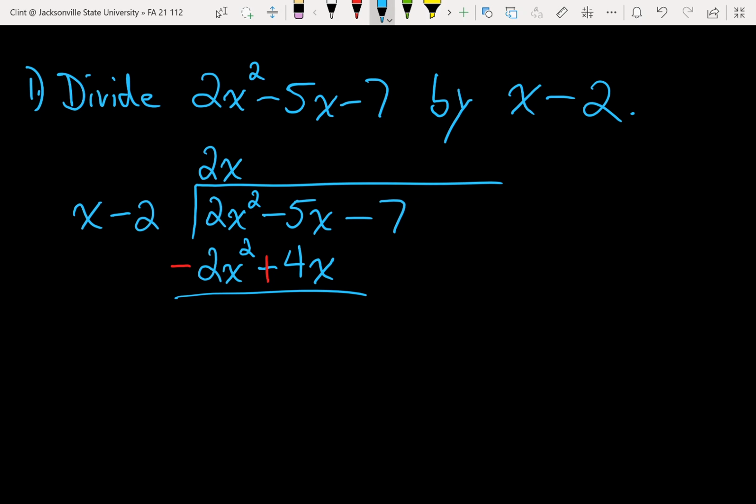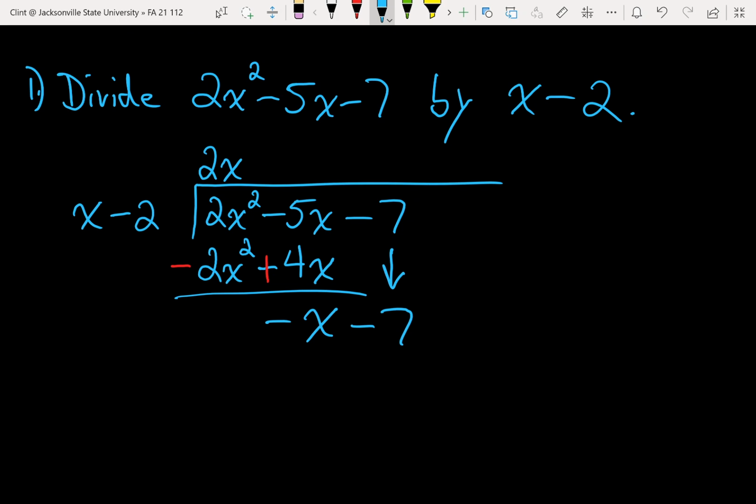And then that will leave us with, we have negative 5x plus 4x, so that leaves us with negative x, negative 1x if you want to. Bring the next term down. And we're going to go through the same process, except we're looking at that negative x as our leading term. So to get from x to negative x, what do we multiply by?